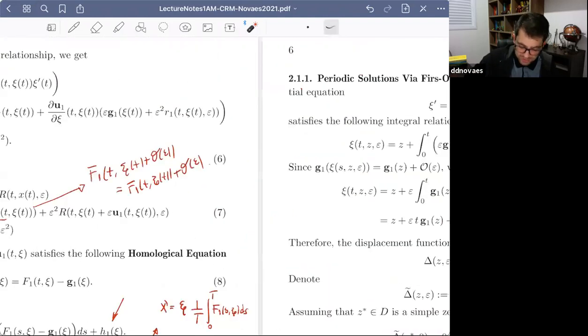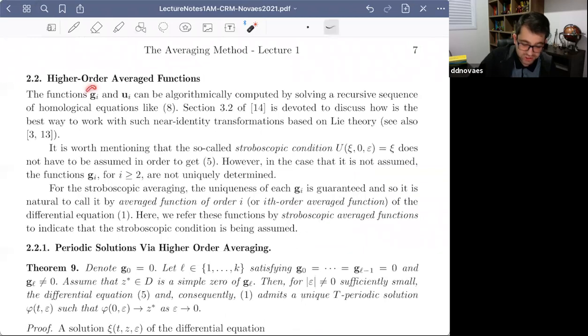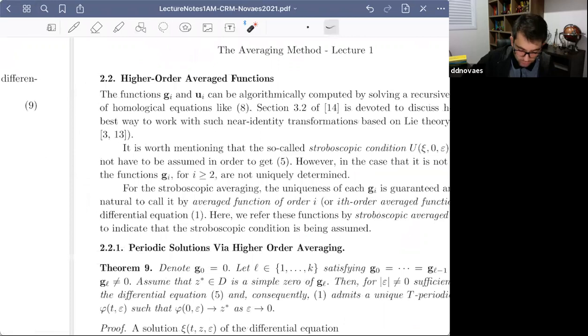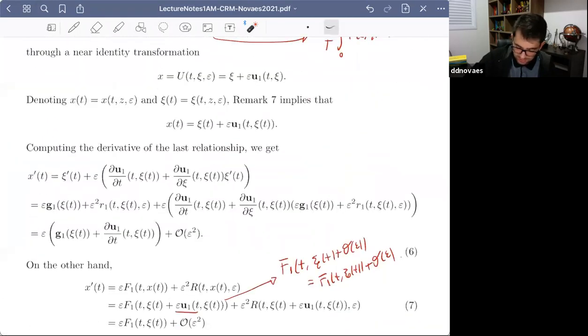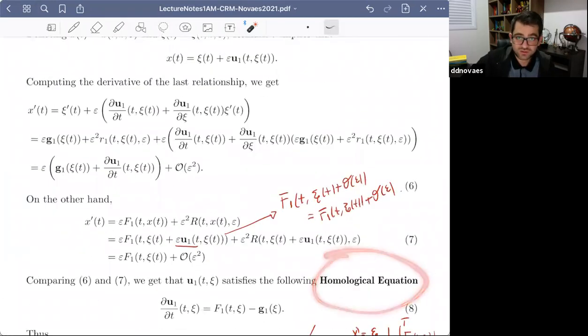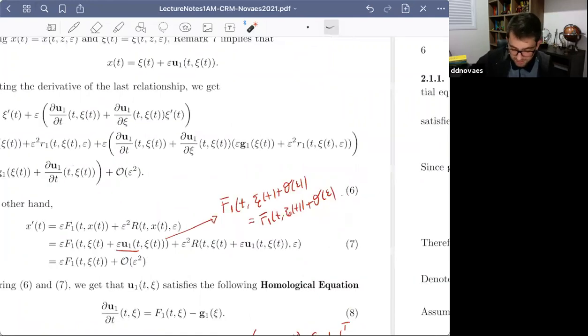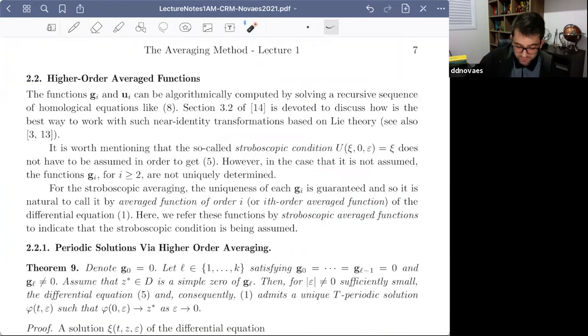Okay, so these functions g_i, obtained by an analogous procedure and solving recursively a sequence of homological equations, I call higher order average function, or average function of order i.